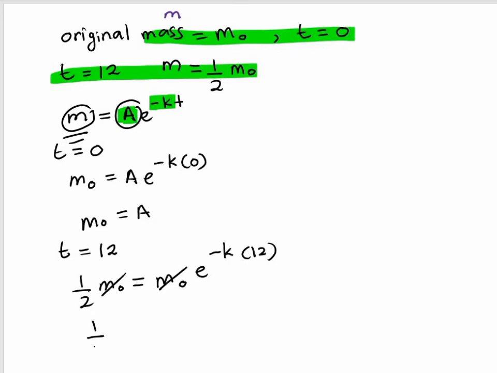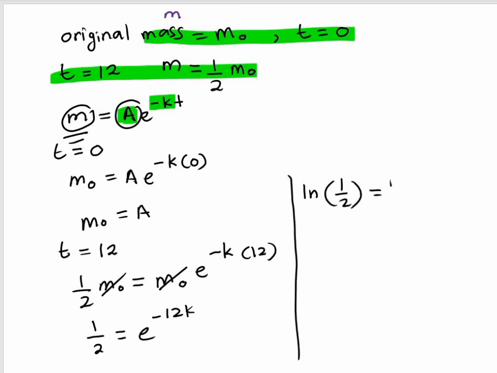Now we got half equals e to the power of negative 12k. And now let's ln both sides. So we have ln half equals ln e to the power of negative 12k. So ln half equals negative 12k.